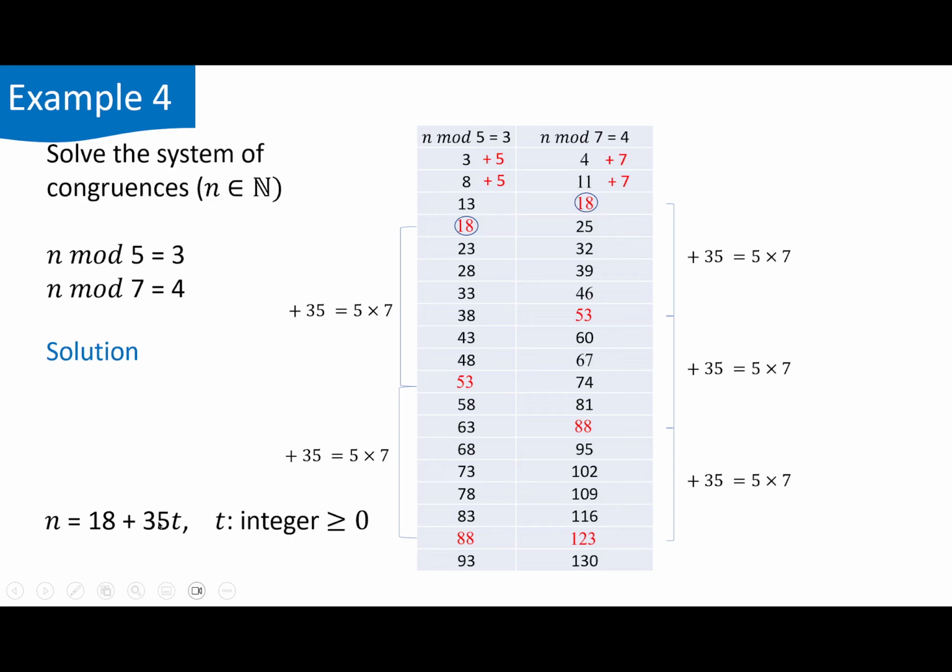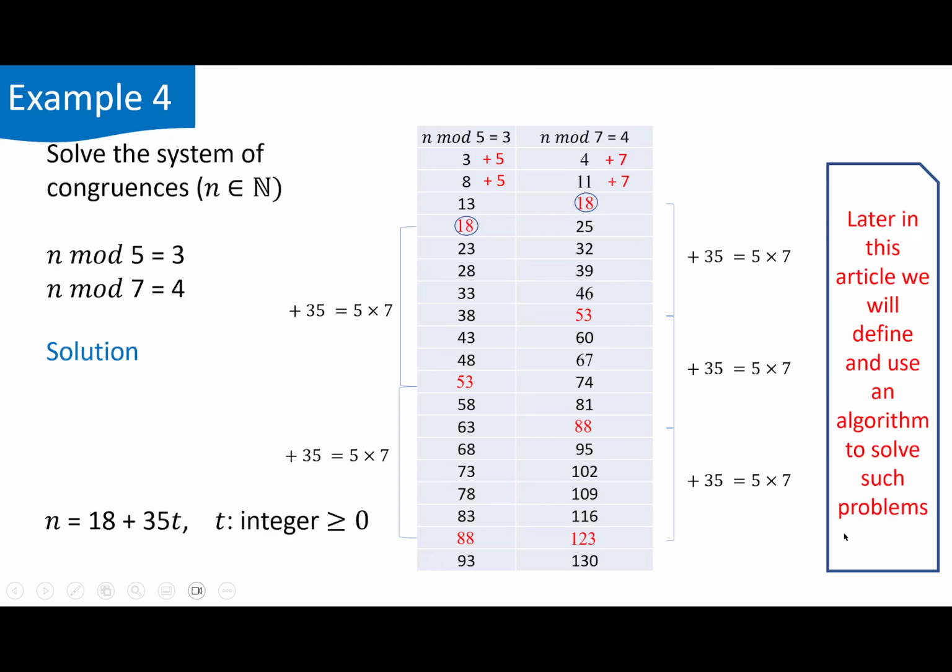So when t is 0, you get 18, which is this one here. When t is 1, you get 18 plus 35, which is 53. Okay, and so on and so forth. Later in this article, we will define and use an algorithm to solve such problems.